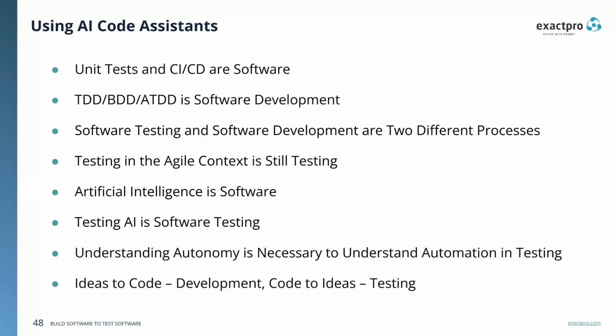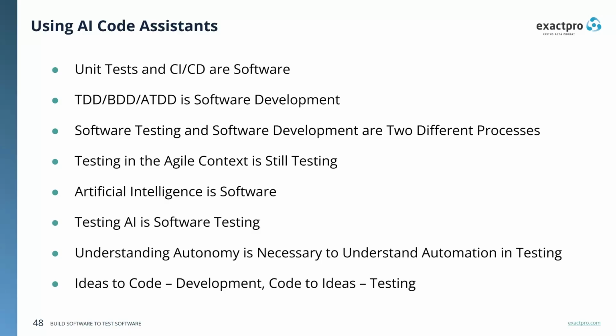Unit tests and CI/CD are not testing; they are software, because they consist of instructions. So they are code. CI/CD is running software. What is CI/CD? It is some piece of software that is running and it contains ifs.